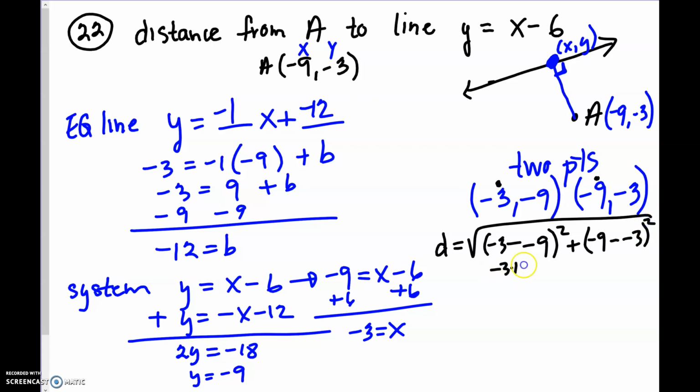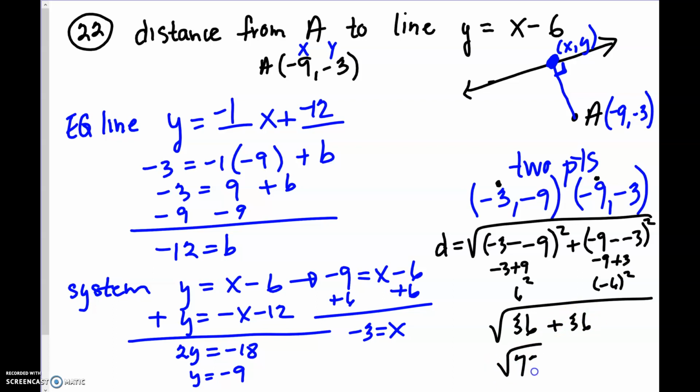Negative 3 plus 9 is 6, 6 squared, so I get 36. And over here, I have negative 9 plus 3, so I have negative 6 squared, which is also 36. So I'm going to take the square root of 72, and the square root of 72 is about 8.5.